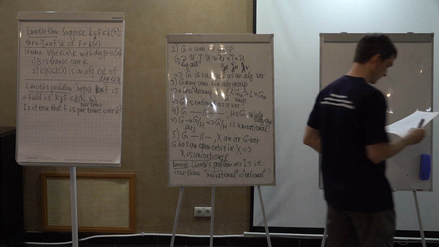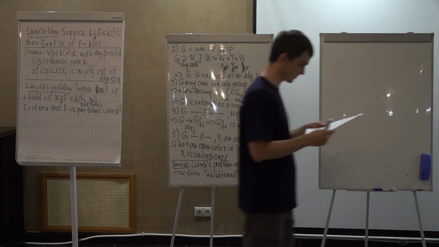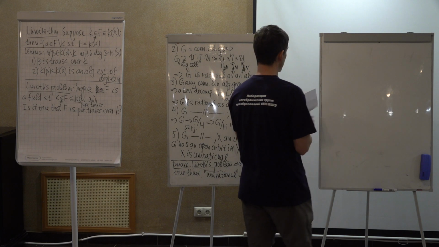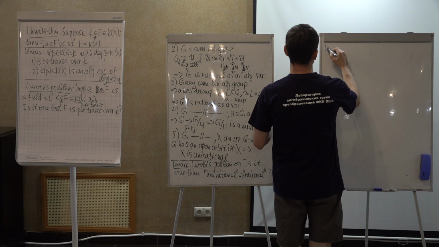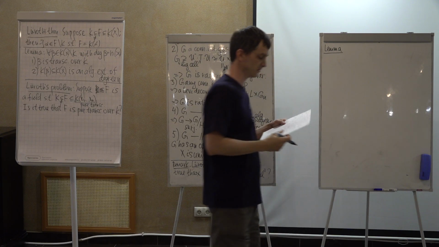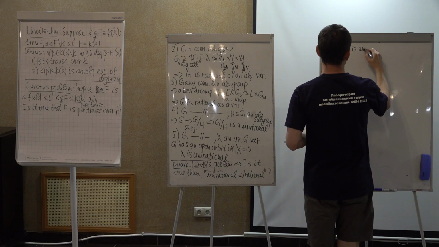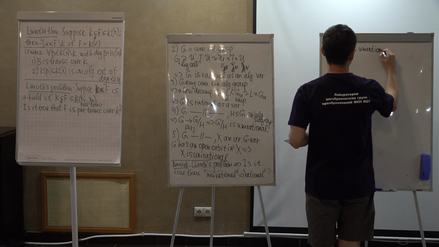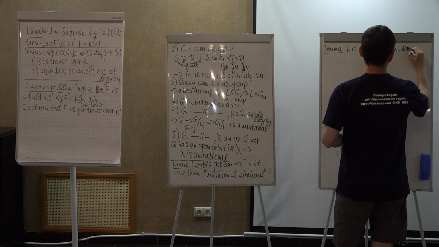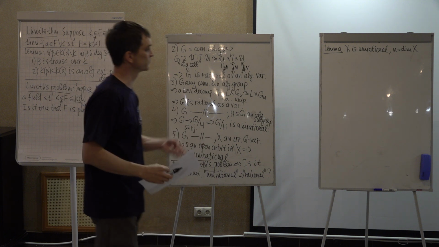So, I have just erased the definition of unirationality, but the next lemma enables one to modify the definition a little bit. So, X is unirational. Let n be its dimension.